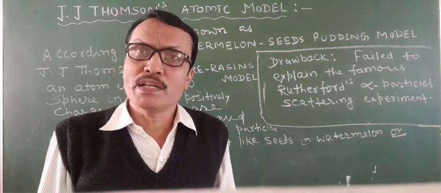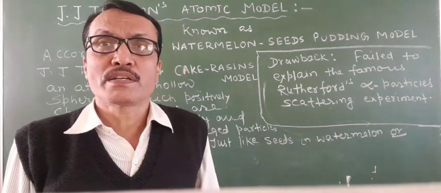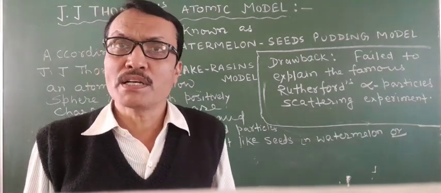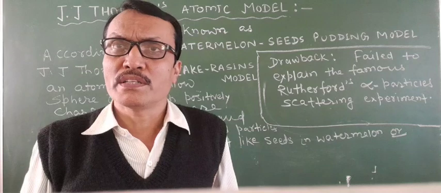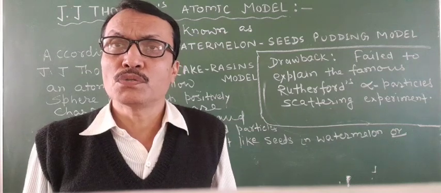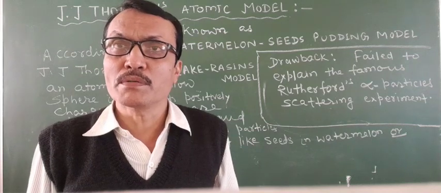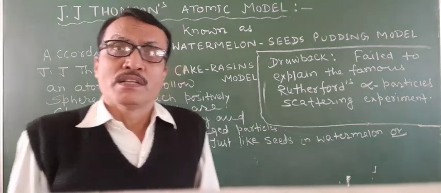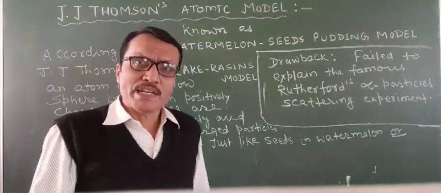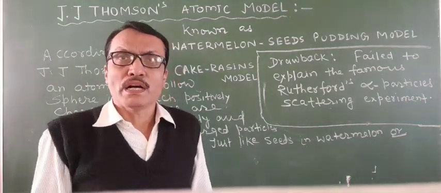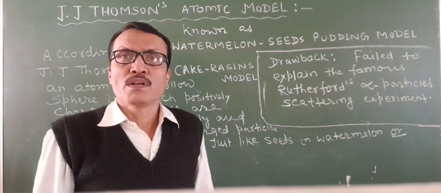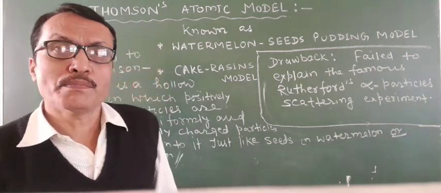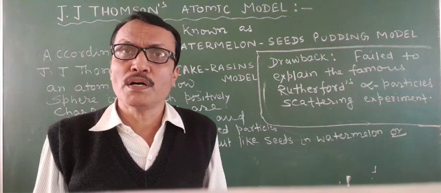So watermelon seed studding model, cake raisins studding model, all these names are given to J.J. Thomson's atomic model. Okay?